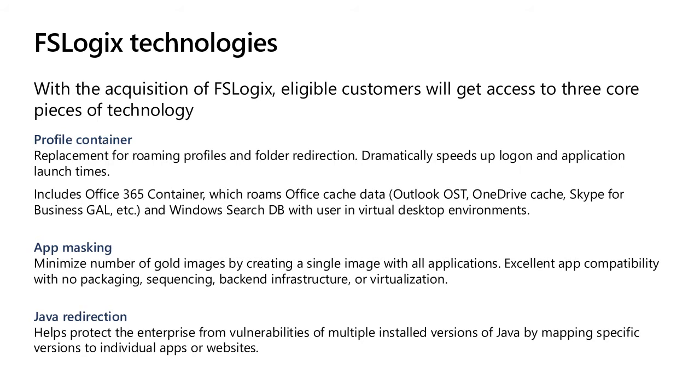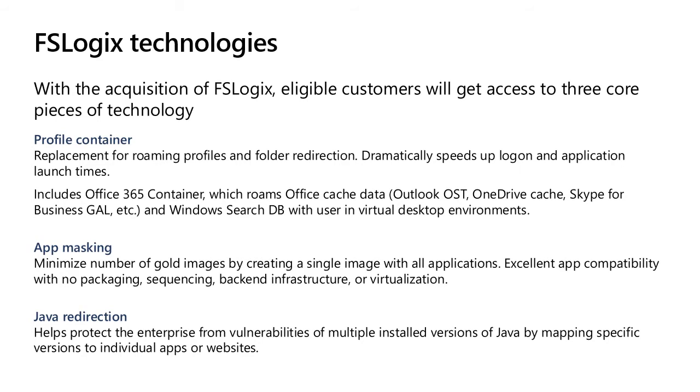FSLogix has a single instance of that application running on the WVD environment on Azure and simply virtualizes or masks the running of that application so that each user appears to be running a different instance, as if it was installed separately for each user. Java redirection also helps protect the enterprise from vulnerabilities of multiple installed versions of Java by mapping specific versions to individual apps or websites.